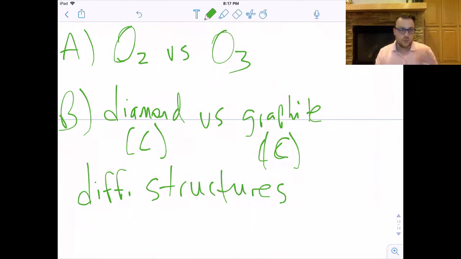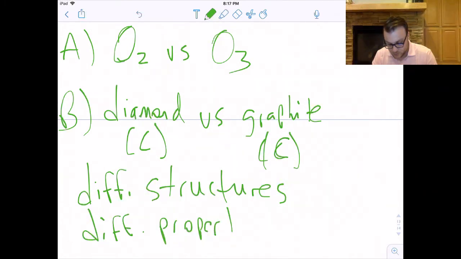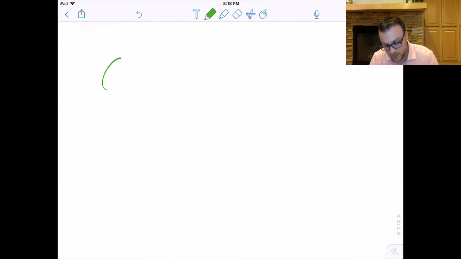And the same is true for organic. When we get to the organic review video, you've done isomers with organic. You can have butane look like this, and butane look like this. And yes, these are both C4H10.